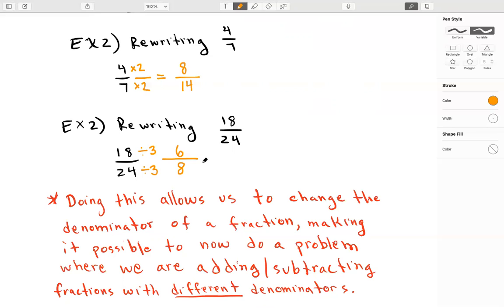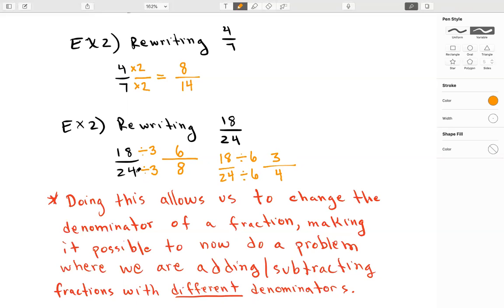We can reduce this again, or we could have rewritten this differently. We can also rewrite 18/24, just to point this out, as if we divide numerator and denominator by 6, we can rewrite it as 3/4. And 3/4 is really the simplest form of this fraction right here.